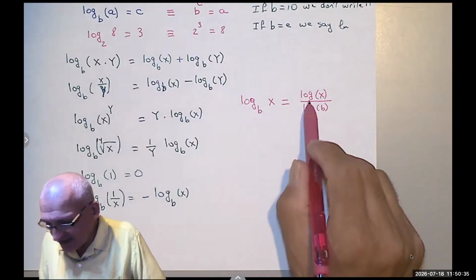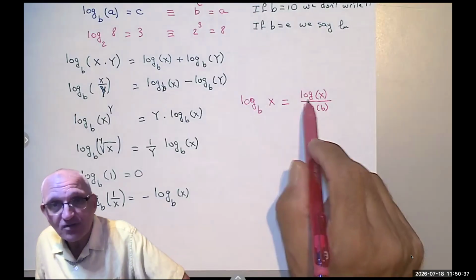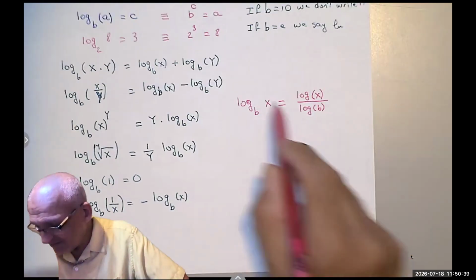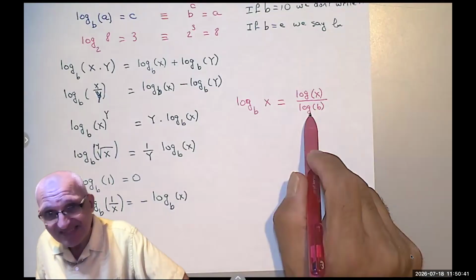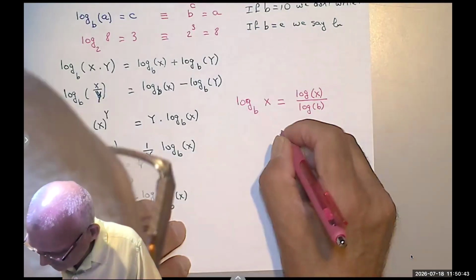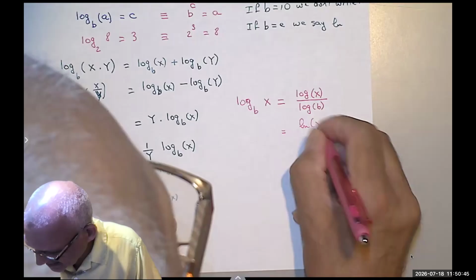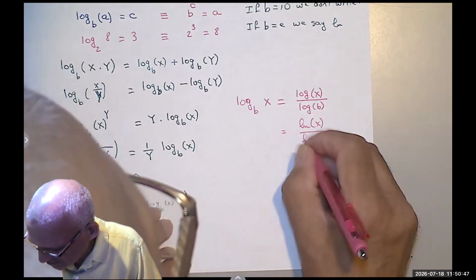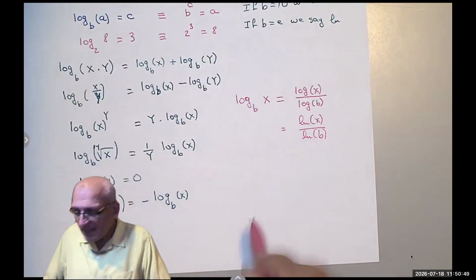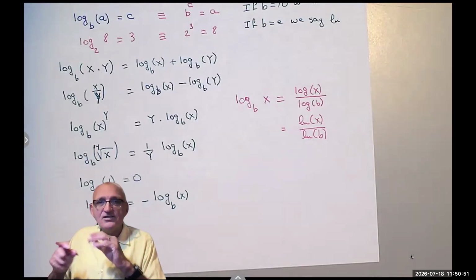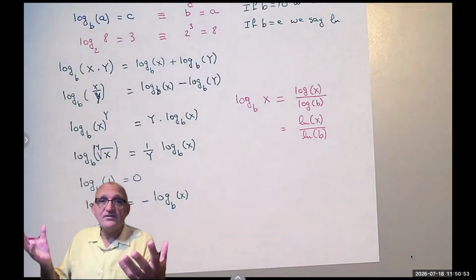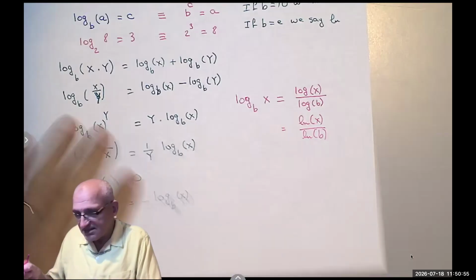Meaning, I can say log, the logarithm to the base 10 of this number divided by the logarithm to base 10 of that. Or, of course, natural log of x over natural log of b. And that is my key to simplify tough bases.